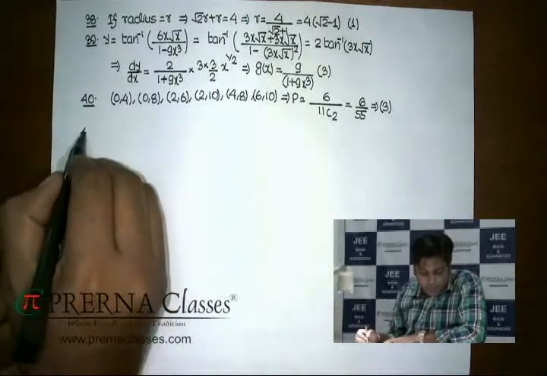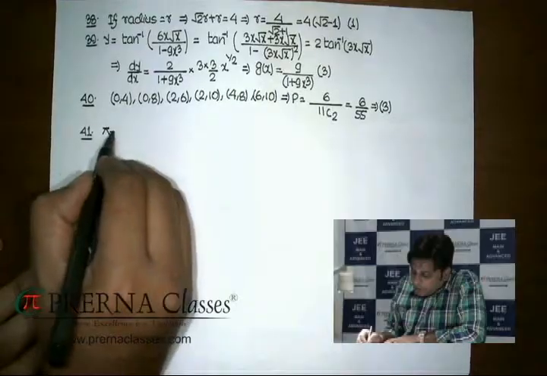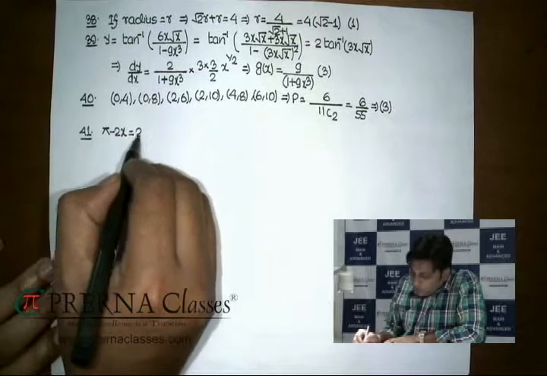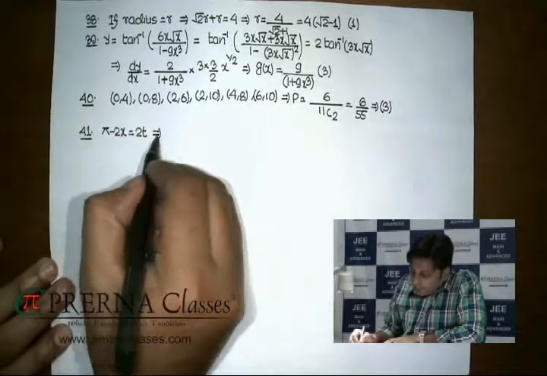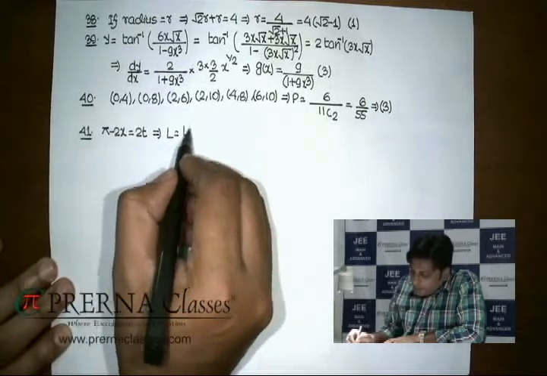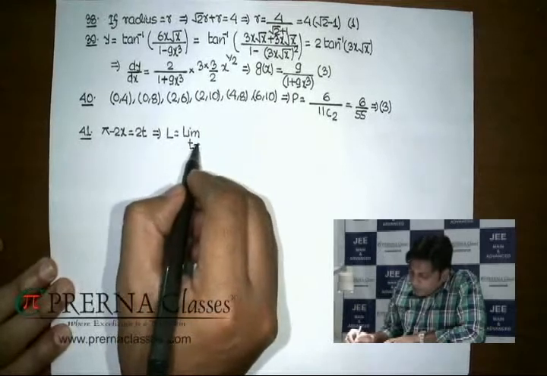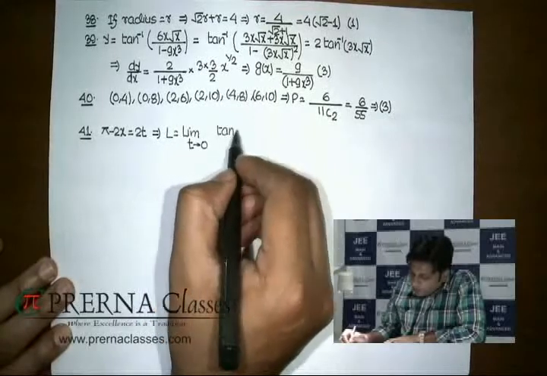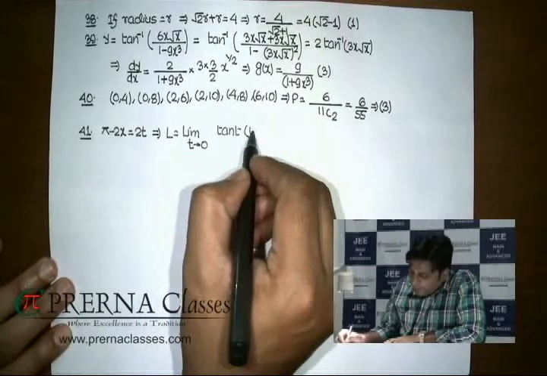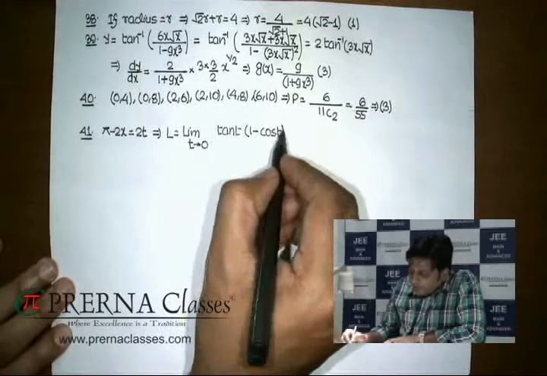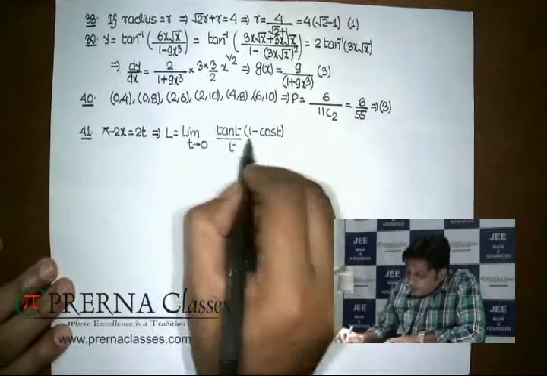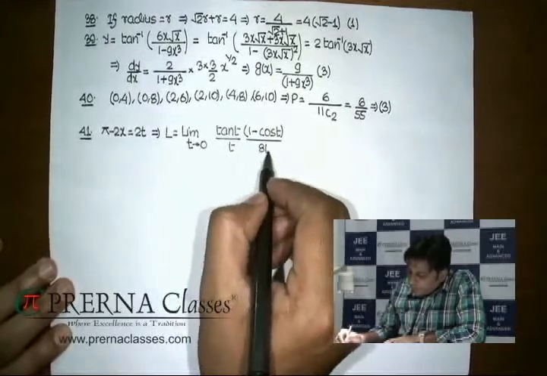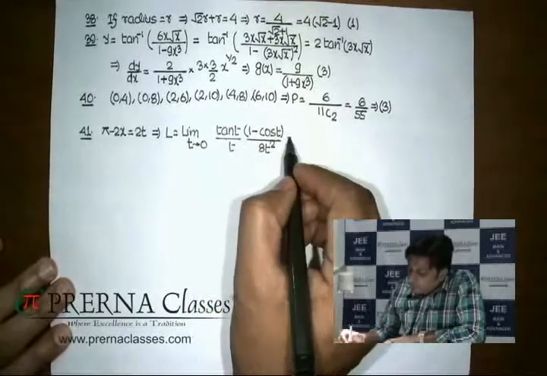The next question is talking about a limit. Note that if we are taking pi minus 2x equals 2t, that limit can be transformed as limit t tending to 0 of tan of t into 1 minus cos of t divided by 8t cube.